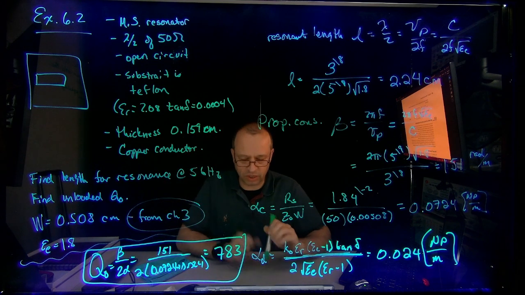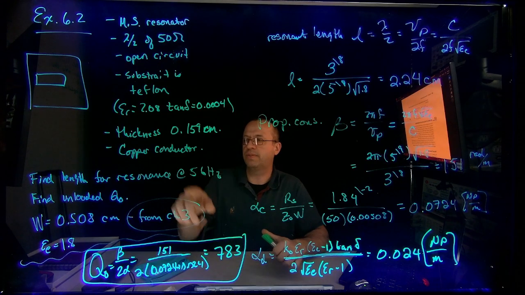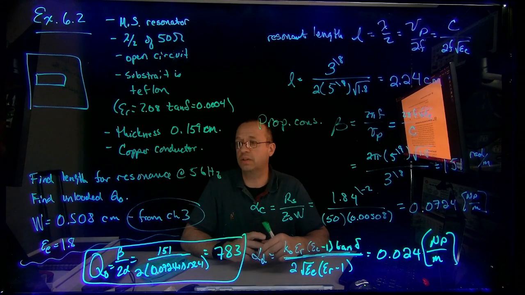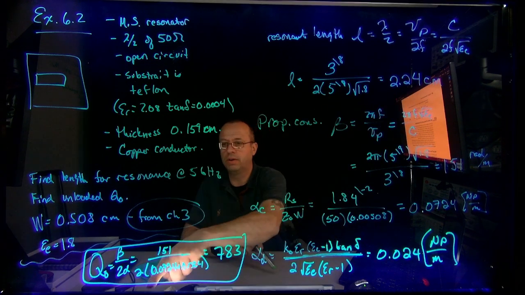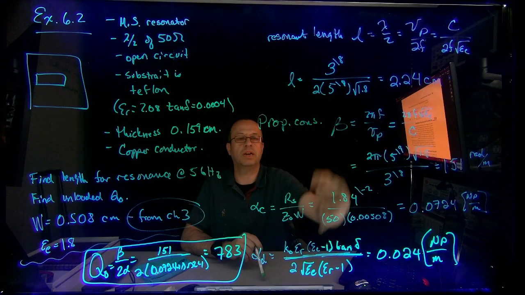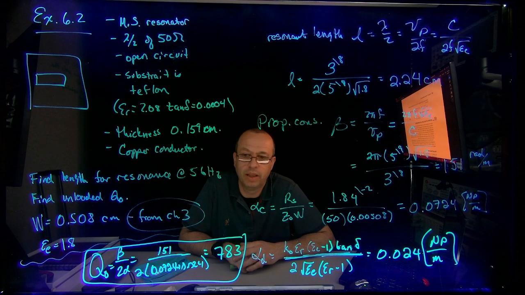So these are the numbers we're looking for when we're trying to find the length, well, obviously the length of the resonance, so that's one thing we were looking for. And then how to actually calculate our Q value, which we would need our propagation constant and our attenuation coefficients. So not too bad.